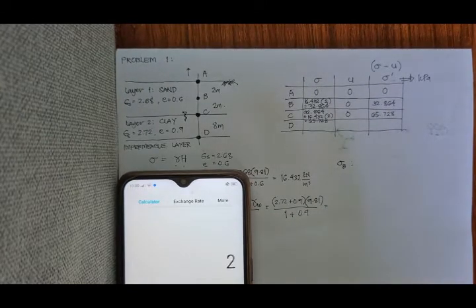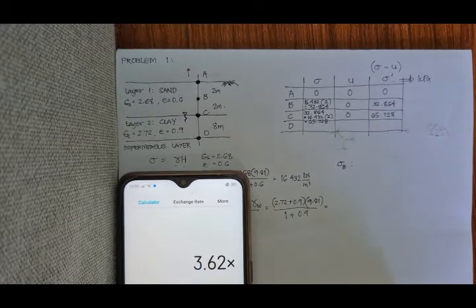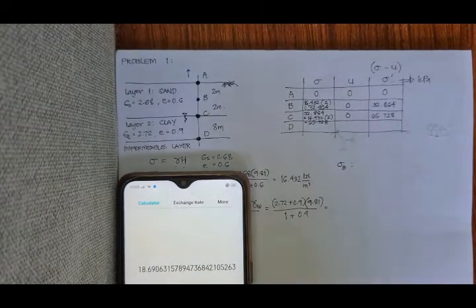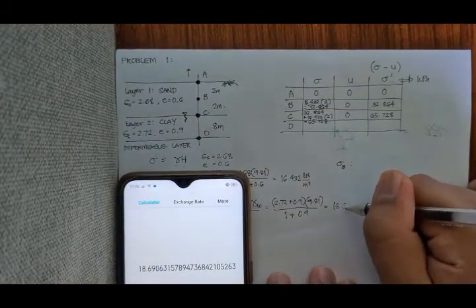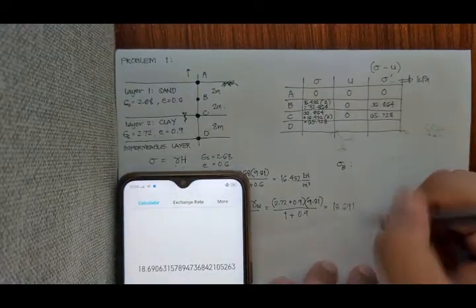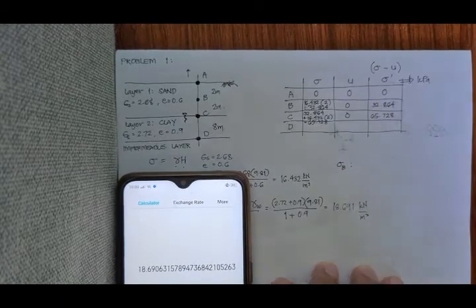So, meron tayong 2.72 plus 0.9 times 9.81 divided by 1.9. So, ang unit weight natin is equal to 18.691 kilonewton per cubic meter. Okay.